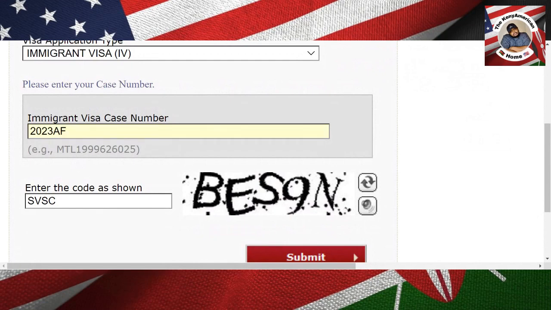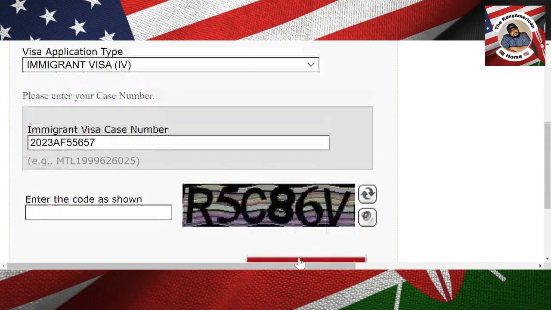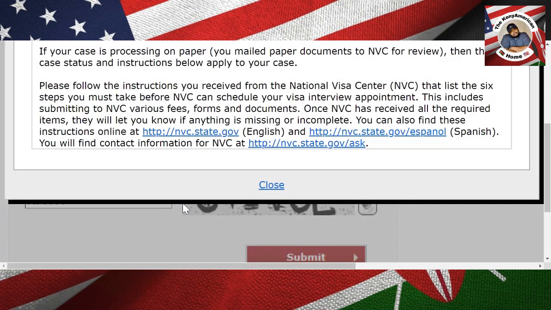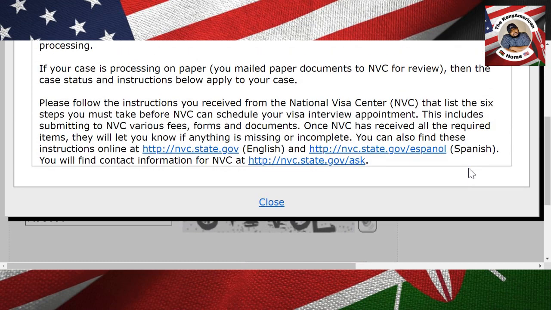Then let's take another case, let's do 55,657. We have to make sure that we change the code, and we pull that case.